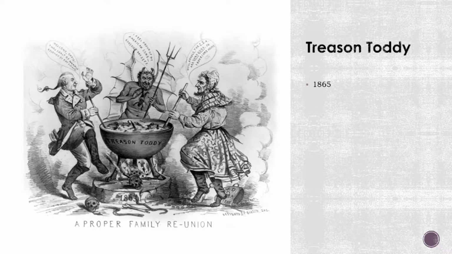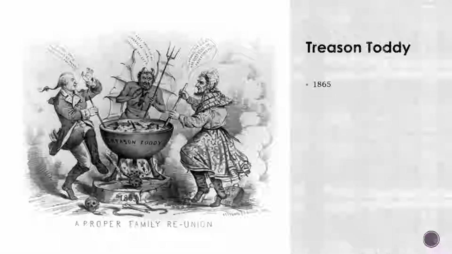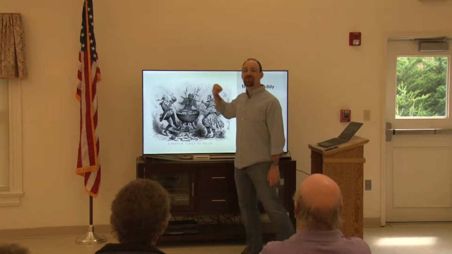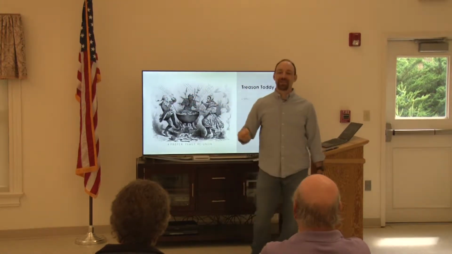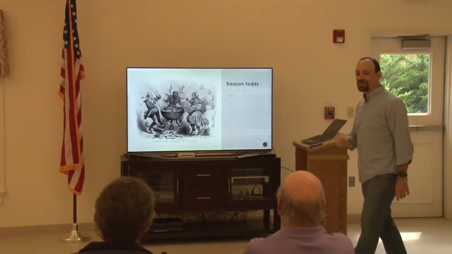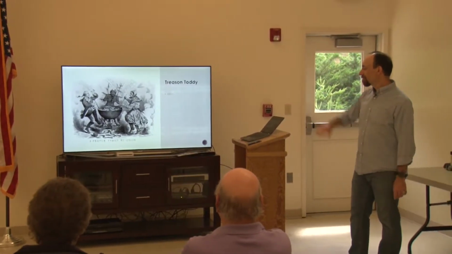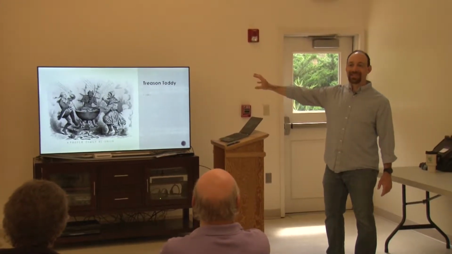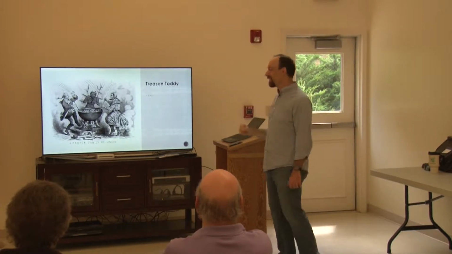Well, you got Satan right there in the middle, and he says, I feel proud of my American sons, Benedict and Jeff. A cartoon damning Jefferson Davis, damning the Confederacy, tying them to the notorious traitor Benedict Arnold from the Revolutionary War. Great cartoon, potent, simple but very, very potent in its message.